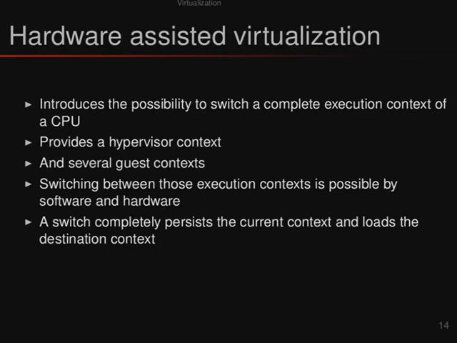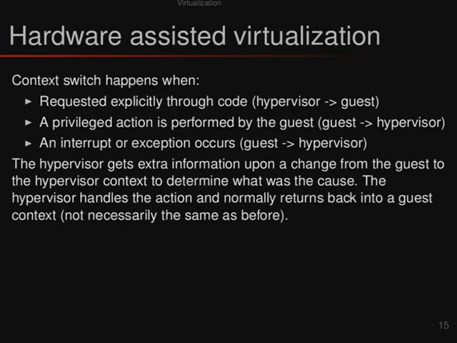Of course, for each guest, you run one context, and you can switch between those contexts. And yeah, there are several events during the runtime of a computer where one of those context switches happens.